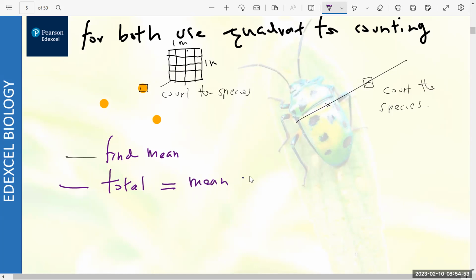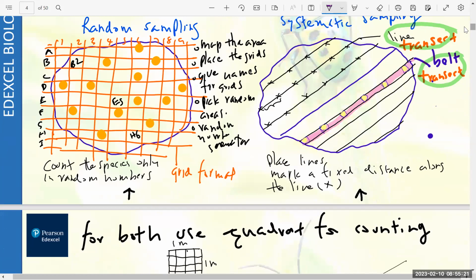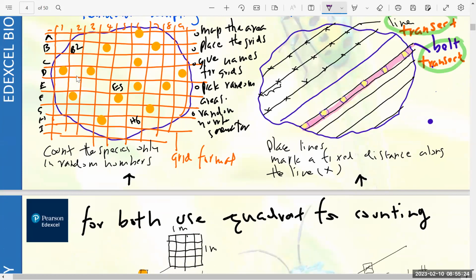Mean value multiplied by the total number of quadrants, like the total number of these coordination points, right?